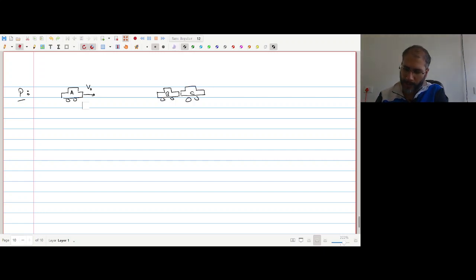Now cars B and C are parked, and the brakes are not engaged. So we expect that the A car colliding with B and C will result in them to move as well. So car A plows into B and C, which are parked without brakes. And the collisions are completely inelastic.